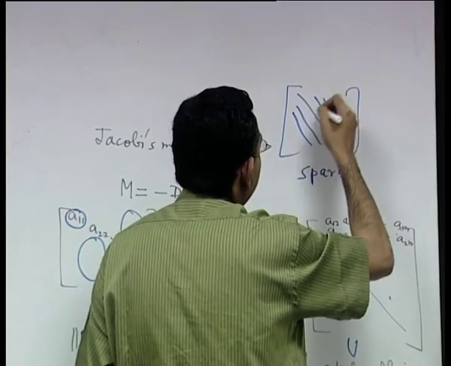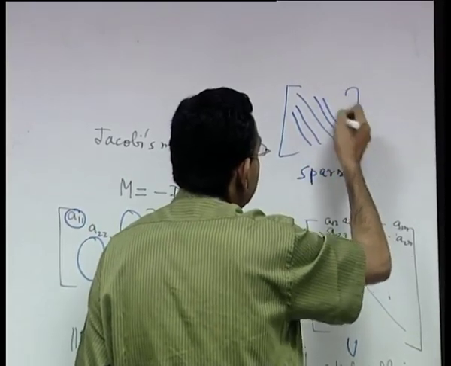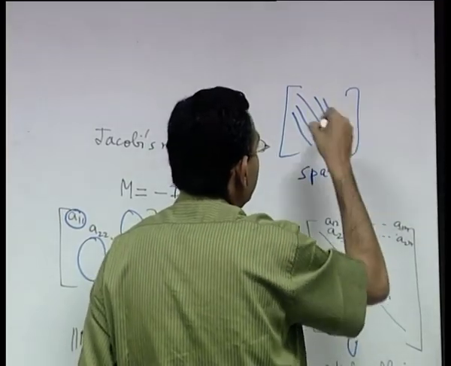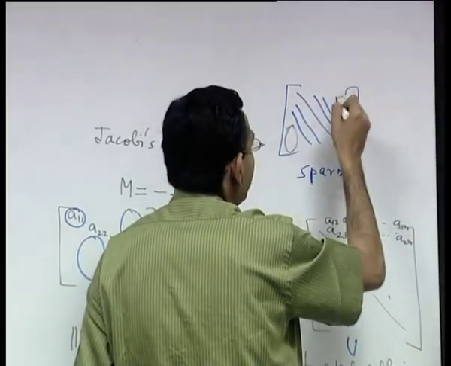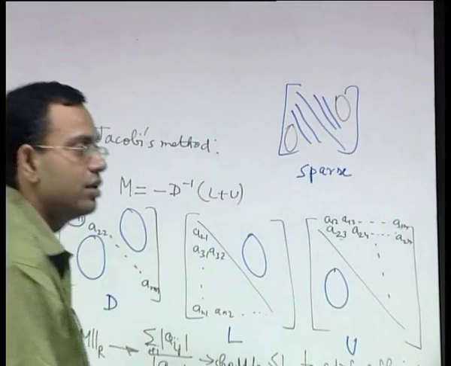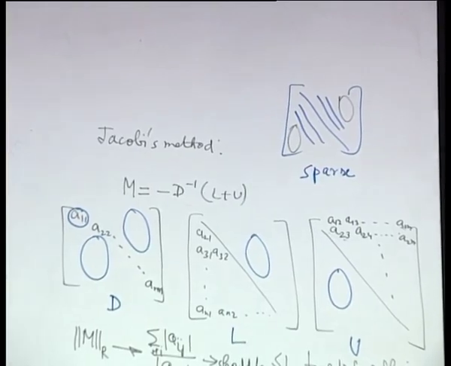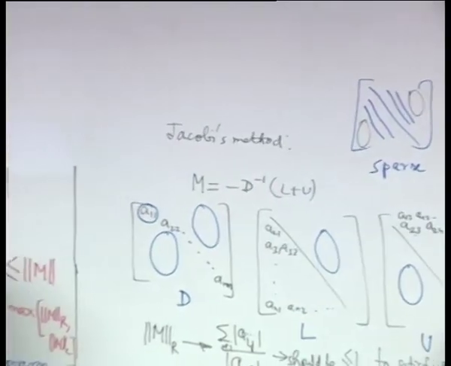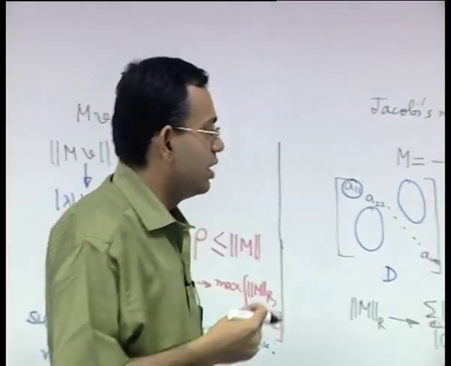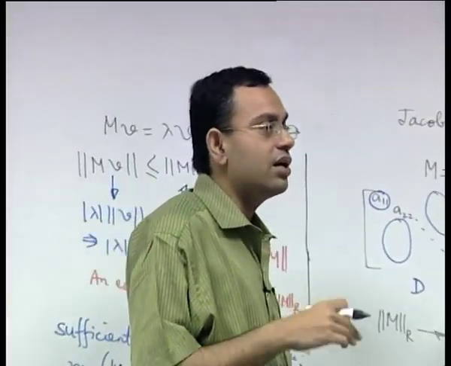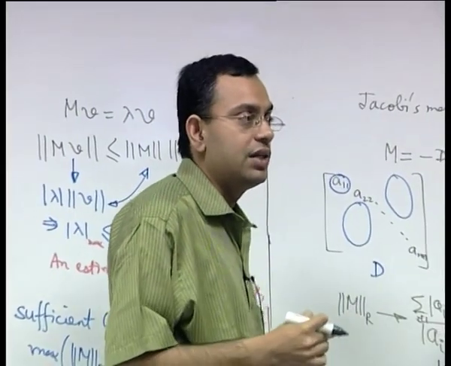If it is a tridiagonal system then 3 diagonals, if it is a pentadiagonal system 5 diagonals, but these are not the only terms. You have a majority of the terms which are away from the diagonal, and these are zeros. So, the matrix is densely populated with zeros, and these types of matrices are called sparse matrices. It is particularly important in computational fluid dynamics to understand how to handle these sparse matrices.